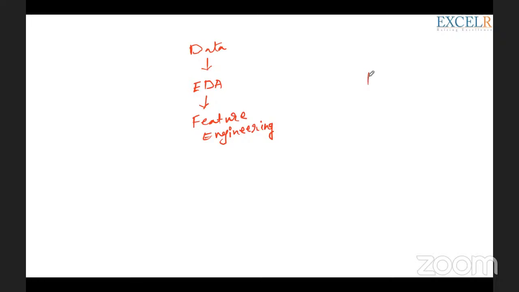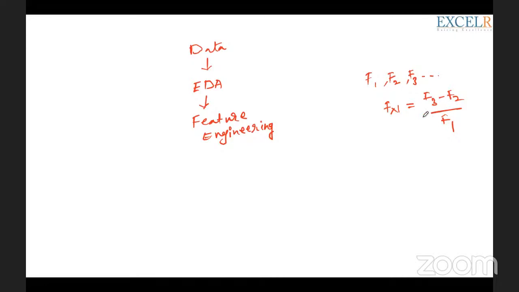Let us say I have features like f1, f2, f3. Feature engineering also involves creating a new feature, so I can create it as f3 minus f2 divided by f1, and that gives me a new feature. That also will be done as part of feature engineering.